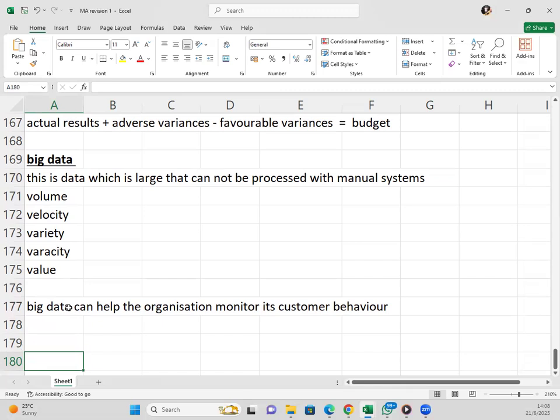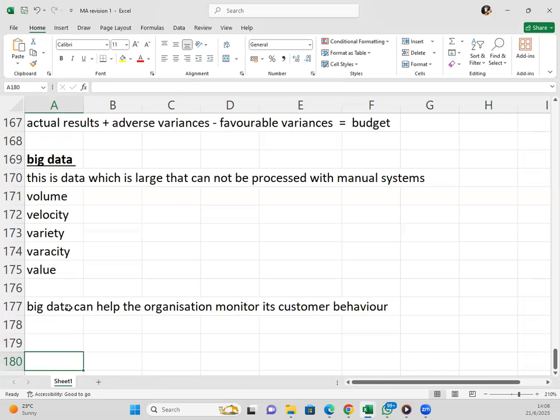If you are able to process large volumes of data, you can be able to tell, like, let's think of an organization like Facebook. Facebook makes money through, nowadays there's this Facebook boosting where they sponsor adverts. So they have large volumes of data.